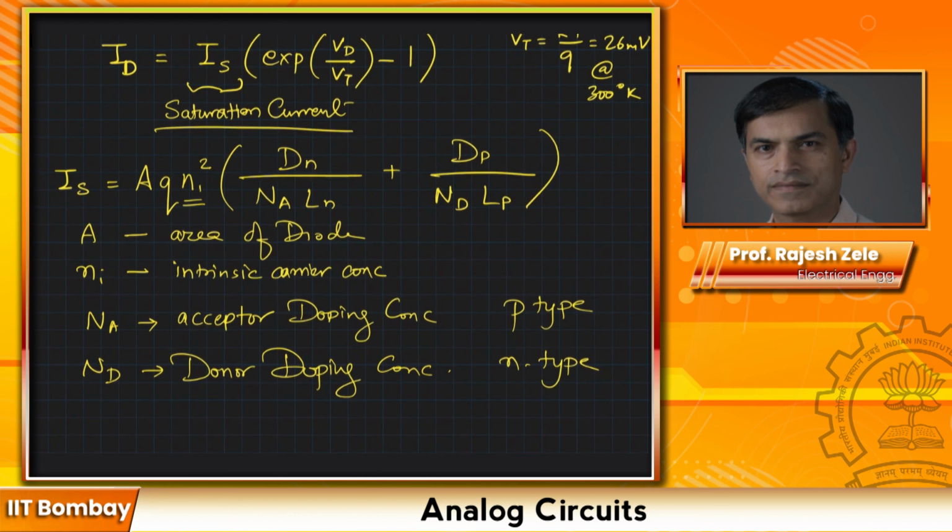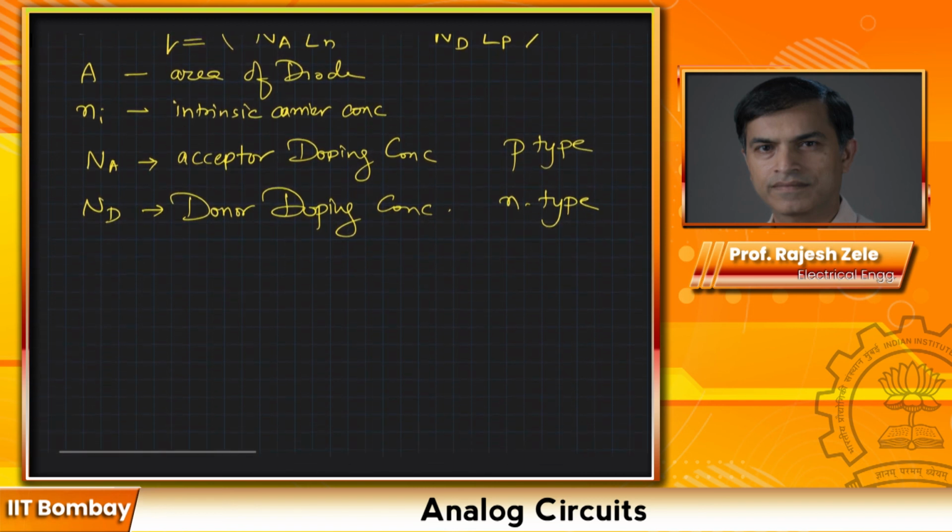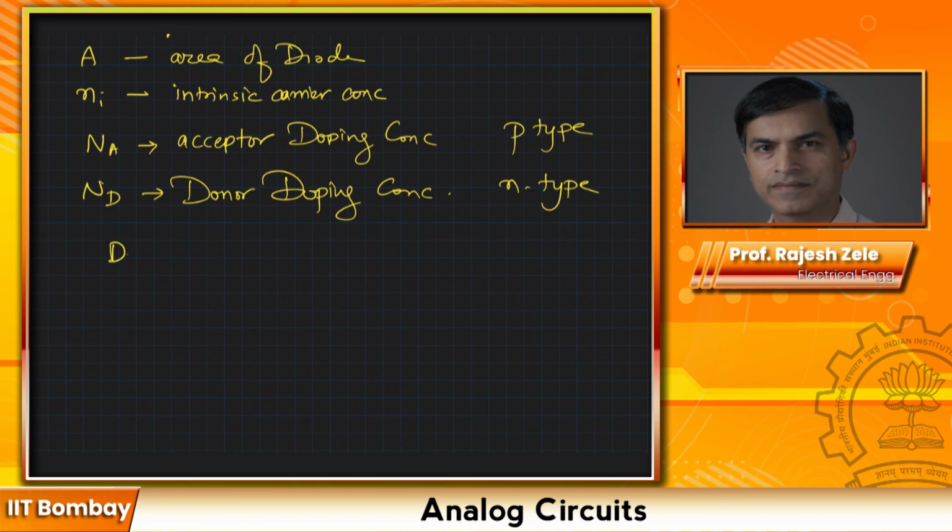Now, what are Dn and Ln? Dn and Ln are related to the diffusion aspect of the transport. So for example, Dn is called the diffusion constant and Ln is the diffusion length.